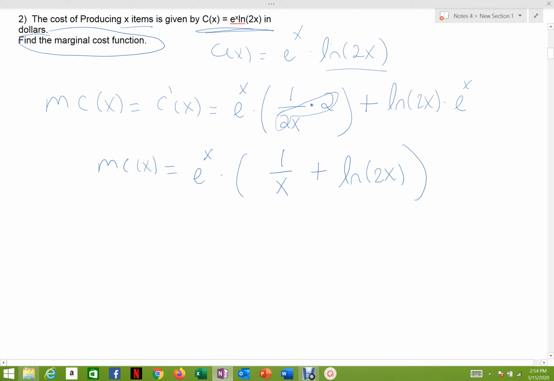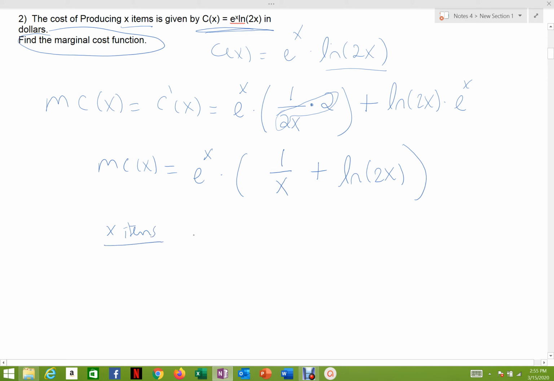I didn't ask you to use it, but you should know how to use it. Remember, marginal analysis is a special way we use the derivative to approximate how much one more item is going to cost us. x is our current level of production. We're producing x items.